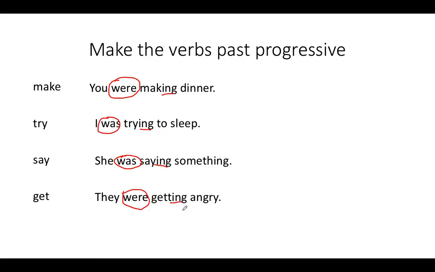You probably have noticed that some of these are spelled differently from over here, and you don't just add ing to the end. Like get is get, but when you spell getting, you add ing, but you also put a little t in here. So I'm going to go over the spelling next class.